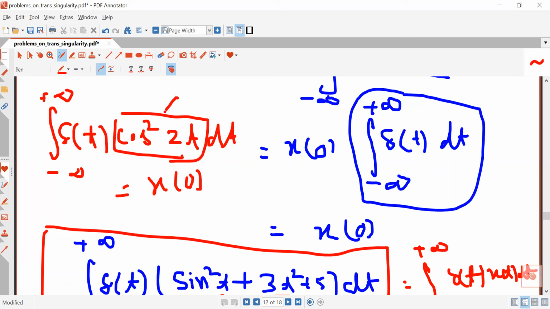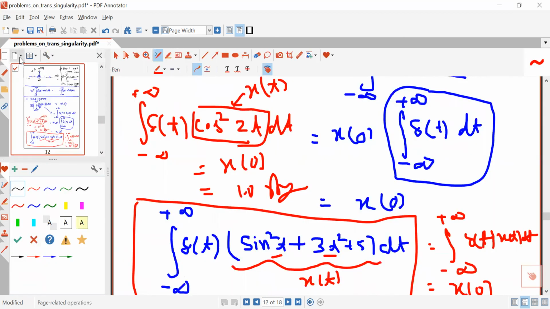And how will you get x naught? Just substitute t equal to 0 in this cos square 2t, you will get 1. So in this way, you can easily integrate a mathematical expression which includes an impulse signal. This is the advantage of this shifting property.